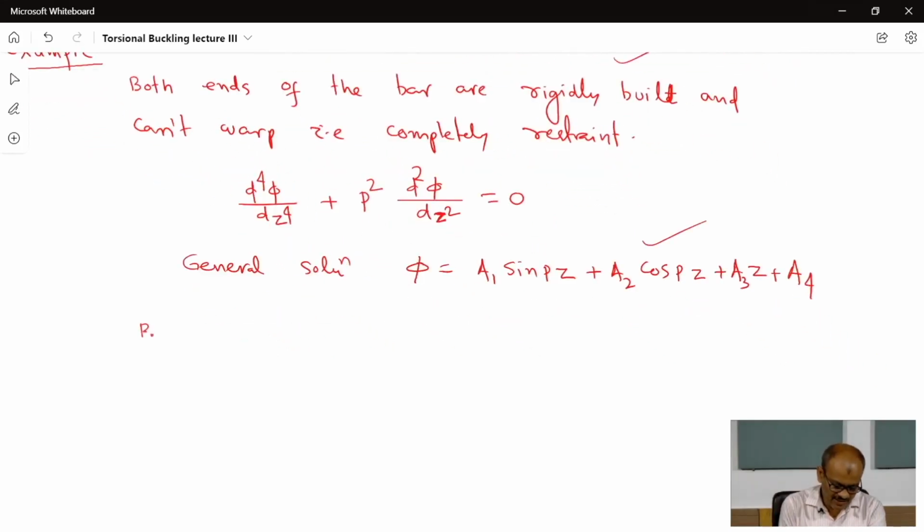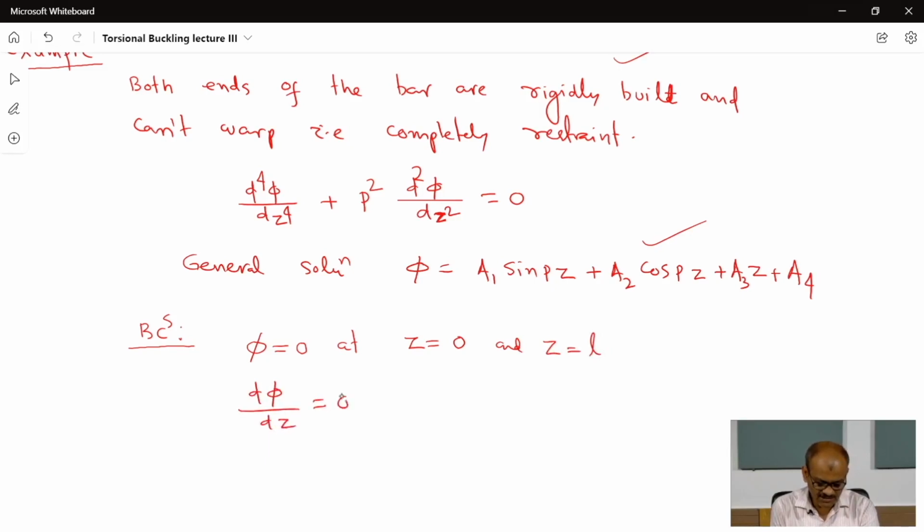And the boundary conditions: both ends of the bar are rigidly built. Then we can write here, this rigidly built means phi is equal to 0 at z is equal to 0 and z is equal to L. And we can write another boundary condition, that is d phi by dz is equal to 0 at z is equal to 0 and z is equal to L. Generally in the fixed beam, the slope is equal to 0 as well as the displacement is equal to 0.